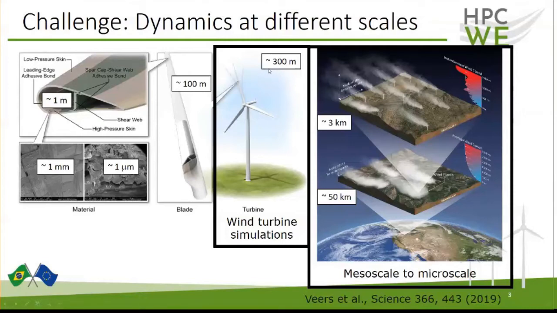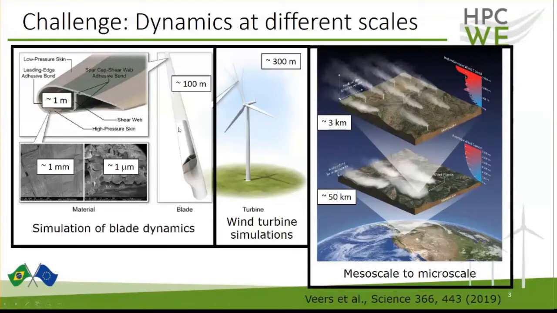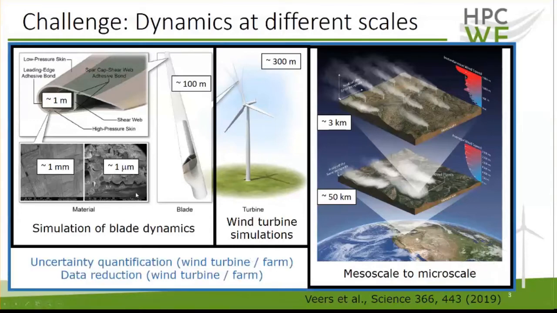That's about 300 meters. Then we have the blade dynamics, where we have individual blades that are around 100 meters. And then we have the chord of this blade that's around 1 meter. And then we have the materials that made these blades. And we have all this together.